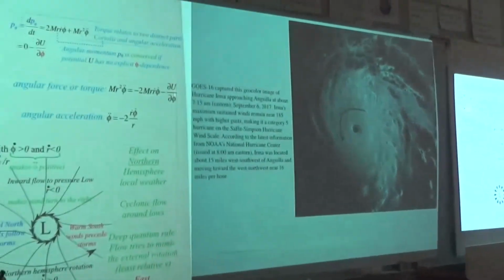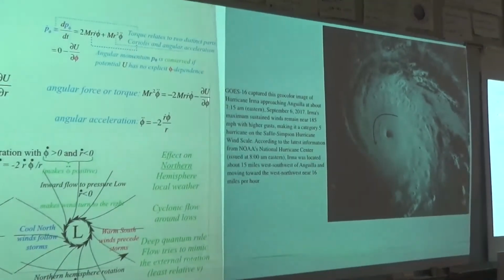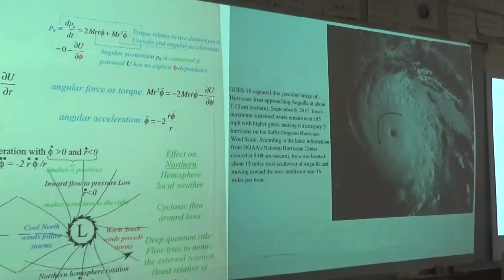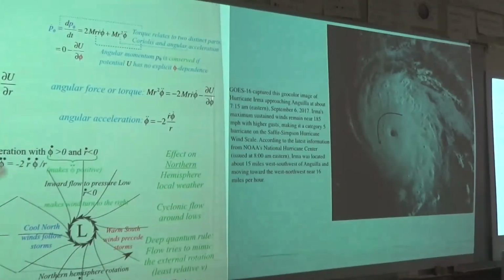Okay, and this is from Irma, the Hurricane Irma. But Florence is actually the same size as that. It's giant. So right now they're getting all of that water off of the ocean coming and dropping in the middle of the state.